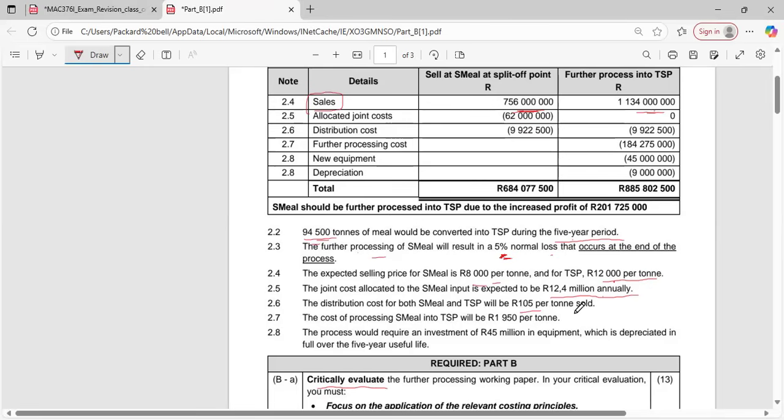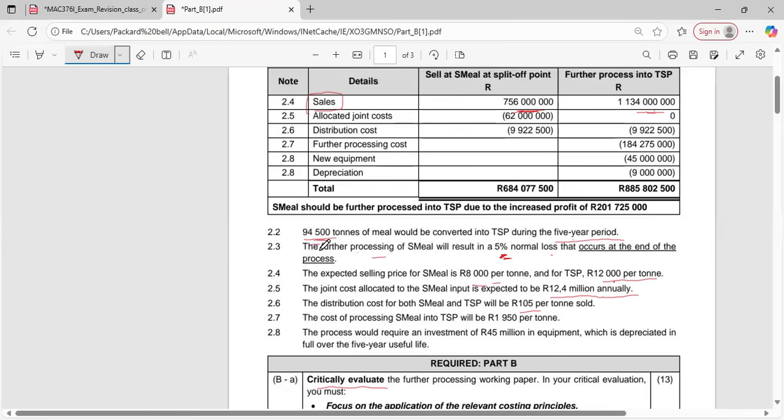Let's start with the distribution cost for S meal. It's 105 per ton. How many tons of S meal were sold? It's 94,500. So it's going to be 94,500 times 105.